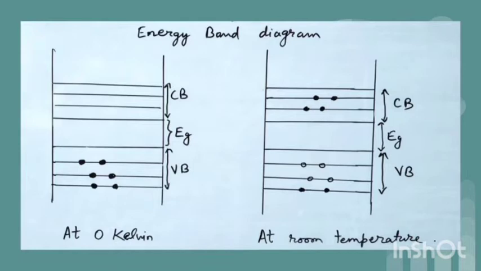In fact, the minimum energy required by an electron to jump from valence band to conduction band is the band gap, and it is denoted by Eg. So Eg is equal to h nu or hc by lambda, where lambda is the wavelength of radiation used to shift electrons from valence band to conduction band. And as you know, c is the velocity of light and h is the Planck's constant.